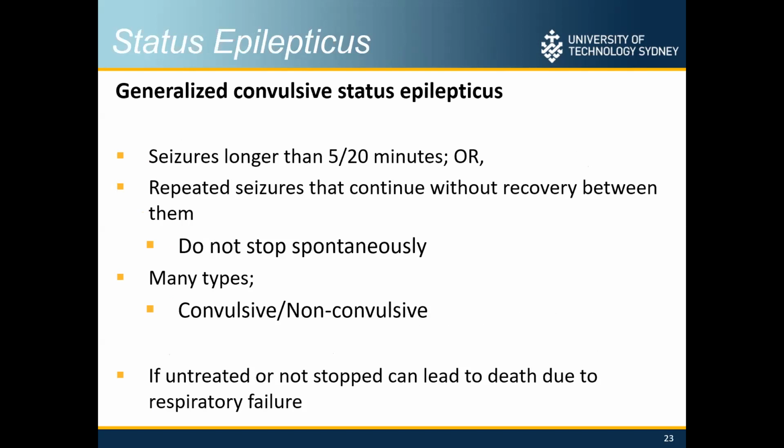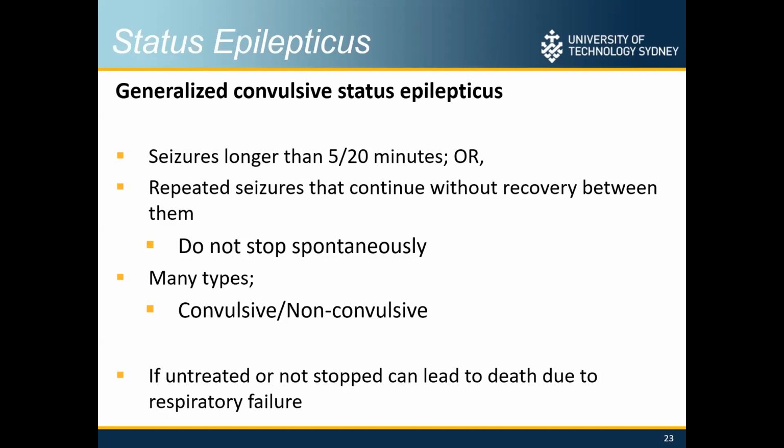So before we finish up with talking about the neurological basis of seizures, I'd just like to point out the extreme version of epilepsy, which is called status epilepticus. So this is when seizures can last longer than 5 to 20 minutes.